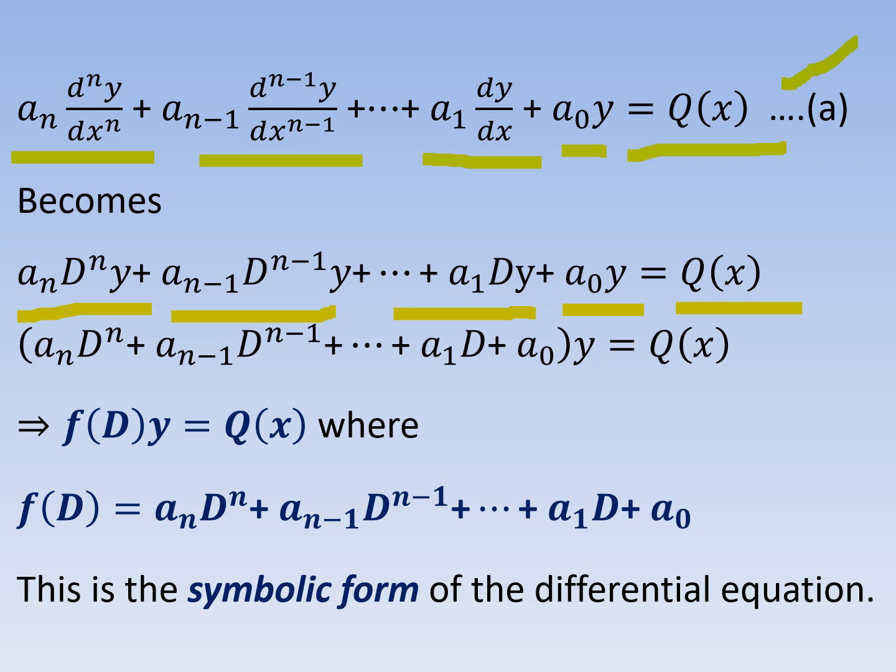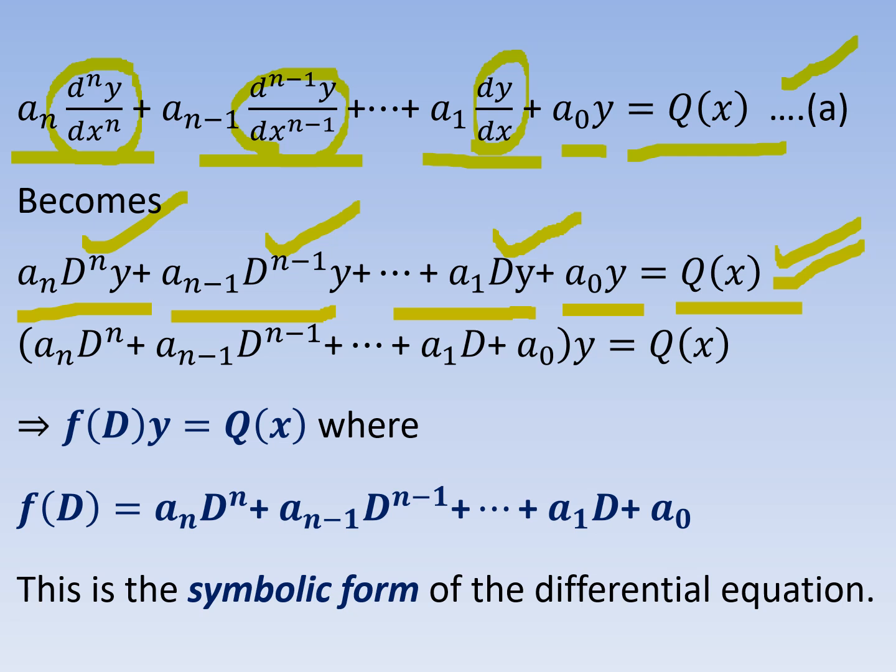In this equation, the nth derivative of y with respect to x is replaced with D power n y. Also, the (n minus 1)th derivative of y with respect to x is replaced with D power n minus 1 y, and so on. The first derivative of y with respect to x is replaced with Dy. Thus, we get the equation an times D power n y plus an minus 1 times D power n minus 1 y plus so on plus a1 times Dy plus a naught times y is equal to q of x.